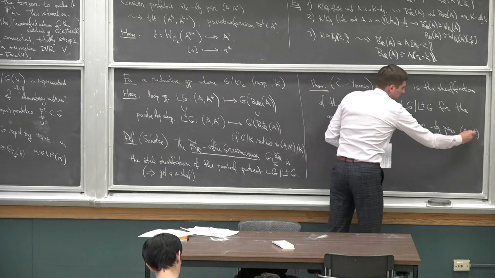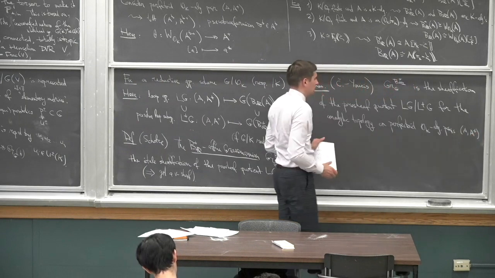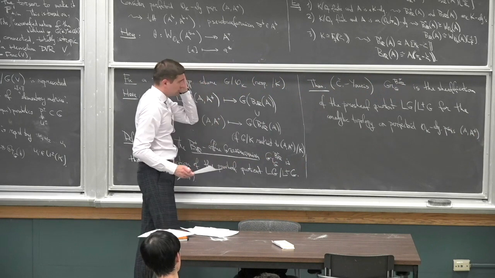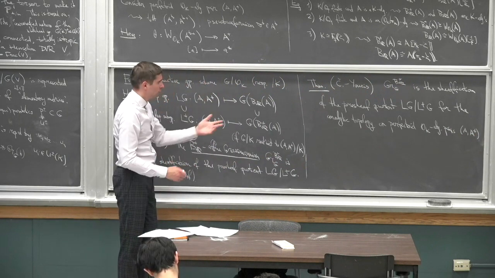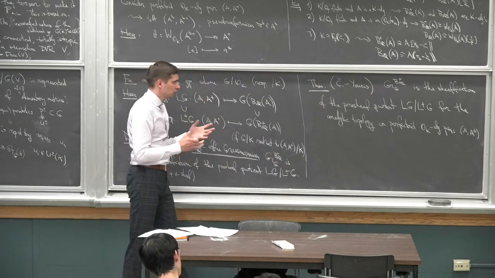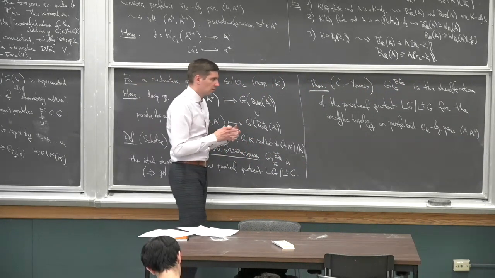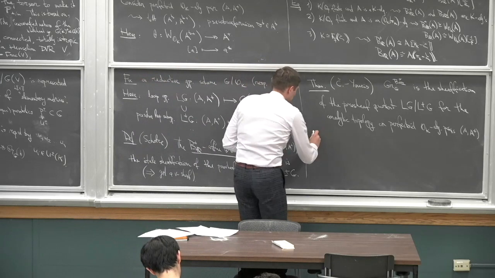For the corresponding small A plus. I don't have time to go into it, but this is actually simpler than the classical case. It just kind of uses the main input.